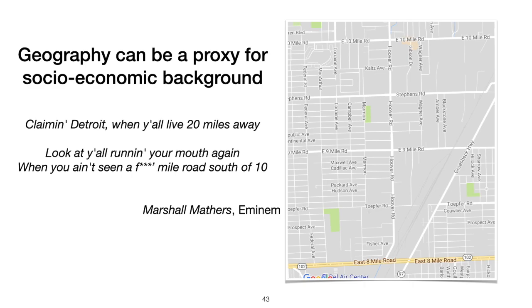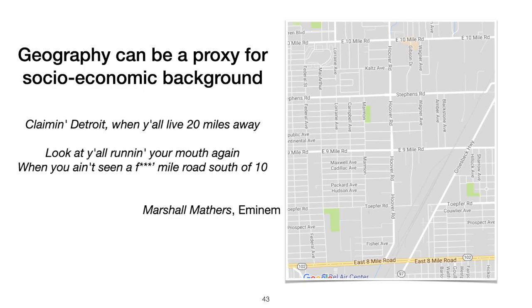And if you've ever been to Detroit, you know that the grid in Detroit has miles numbered from south running north, and the dodgy parts of town have lower mile road numbers. When I was in Detroit, a friend of mine said we never go south of 12.